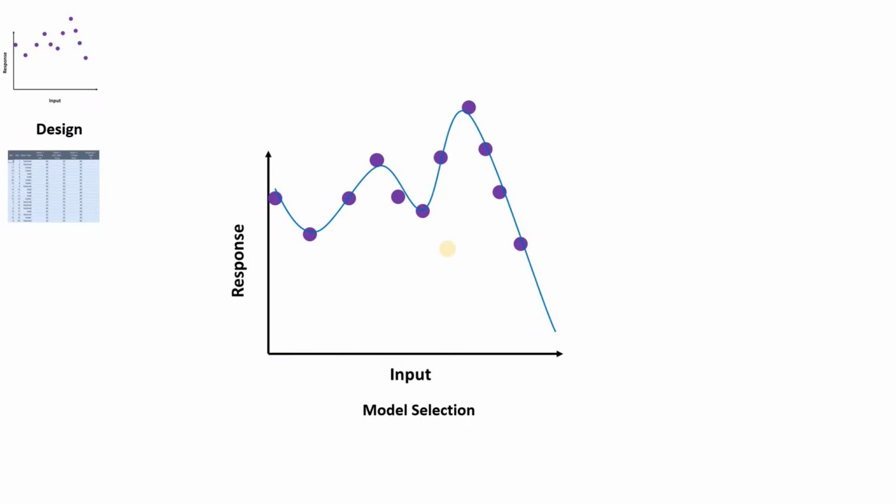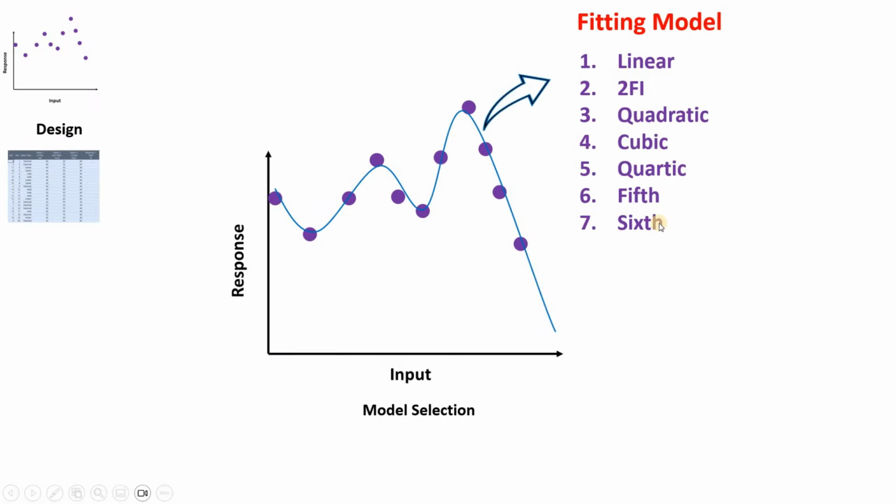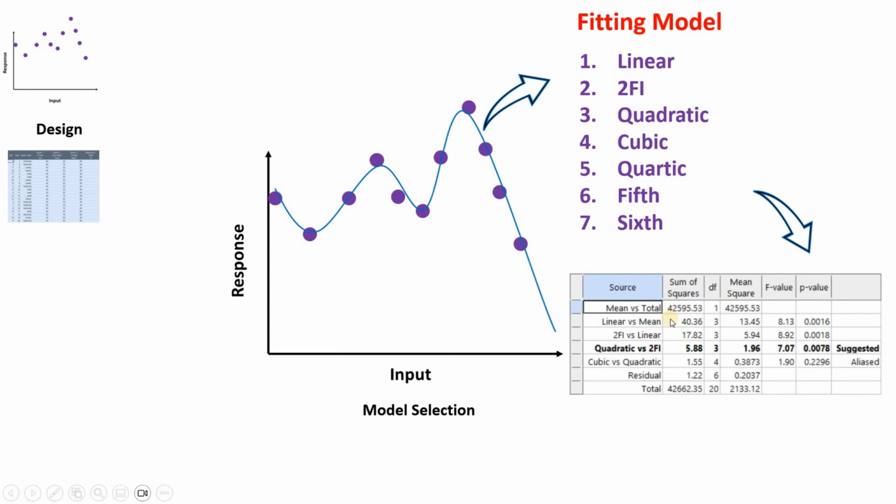So what types of model? As we can see, there are a few models and the order of the model keeps on increasing. The software will compare this and this, then increase the order again and compare. It keeps on comparing, and like this it will give you one table. If the increment in order gives a significant impact, that means you can go for a higher order.